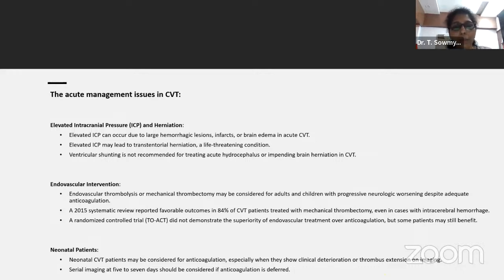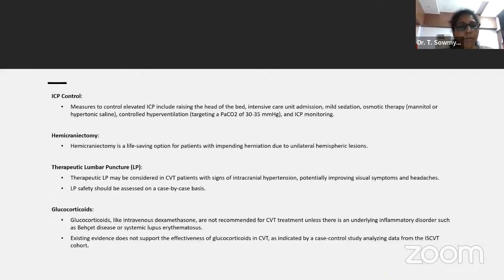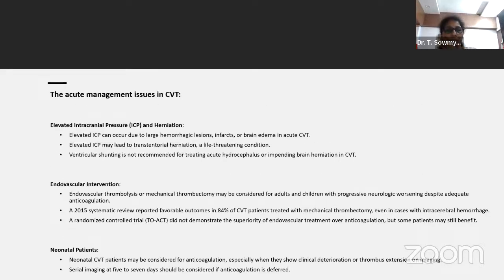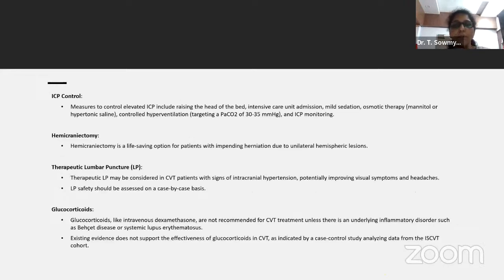And for the neonatal patients, we consider anticoagulation, especially when they show clinical deterioration or thrombus extension on imaging. Serial imaging at 5 to 7 days should be considered if anticoagulation is required.